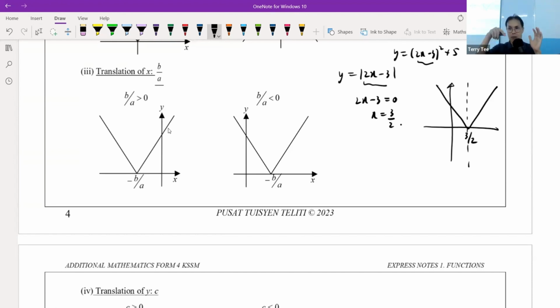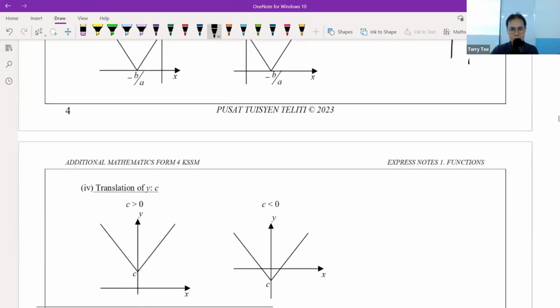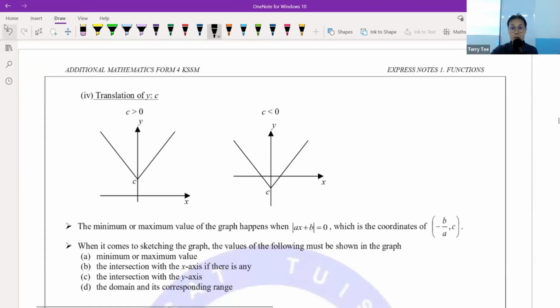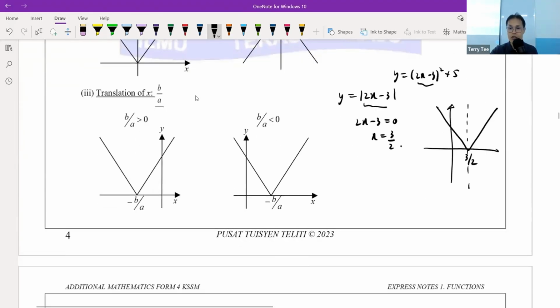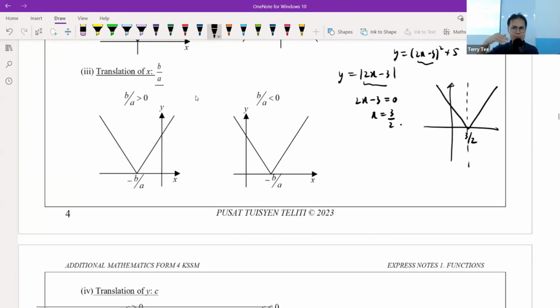It's a V shape, or it can be an upside down V. But for SPM, somehow they don't test the upside down V. Maybe this year they say they want to be tricky and give you an upside down V, then more than half the students cannot do it because they have never seen it before. Usually for modulus graphs they only deal with a normal V shape. Either you shift left or shift right. Shifting up and upside down are very, very rare.